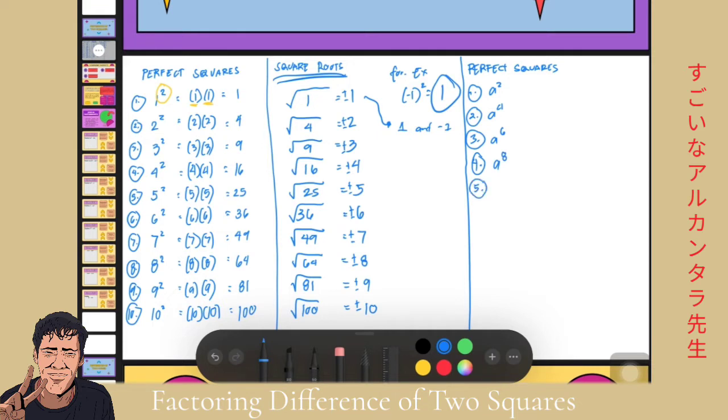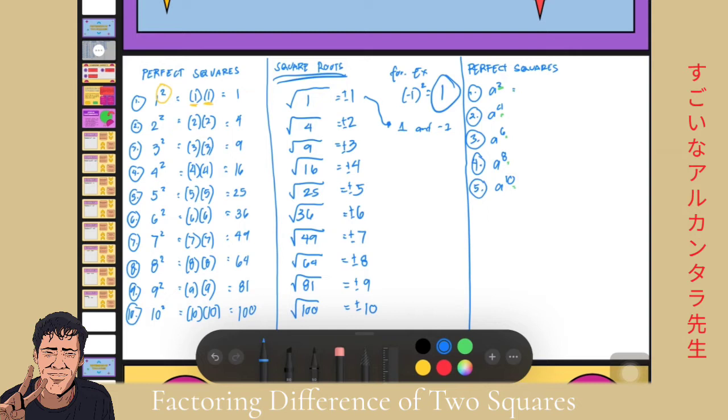And lastly, we can also have a raised to 10. This will continue on and on, and you don't have to worry too much. Basically, you can see a pattern already wherein the exponents are all even numbers. So it's an important detail to mention that when identifying if a given variable is a perfect square, the exponent should be an even number.